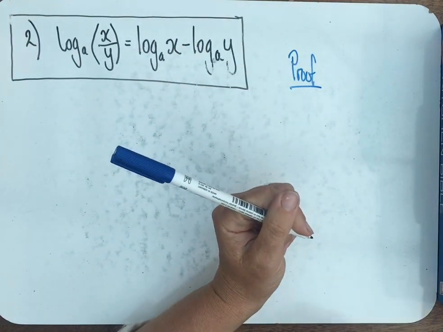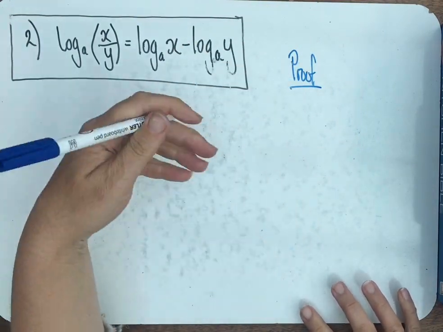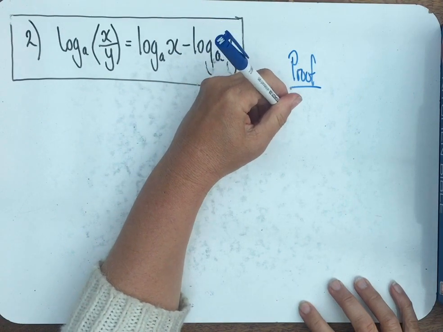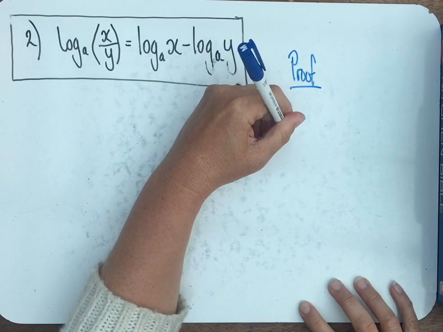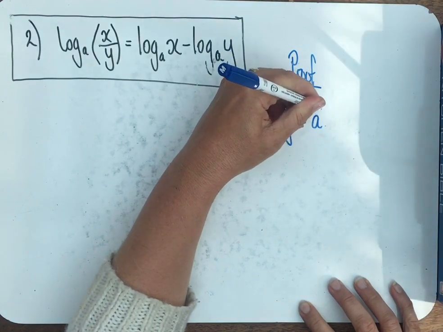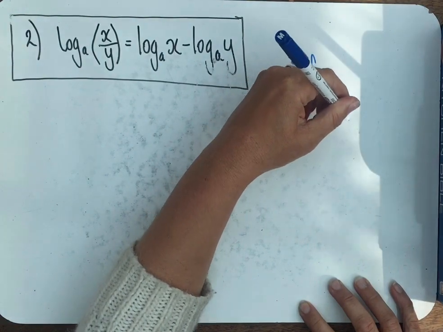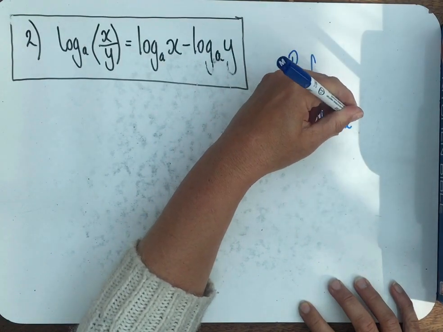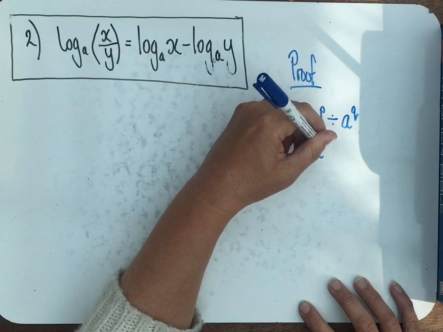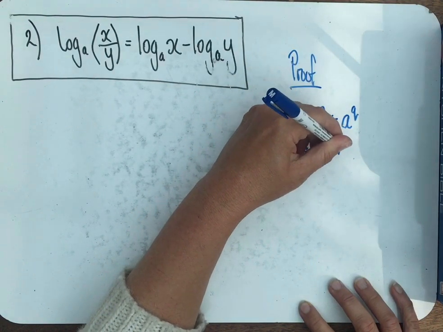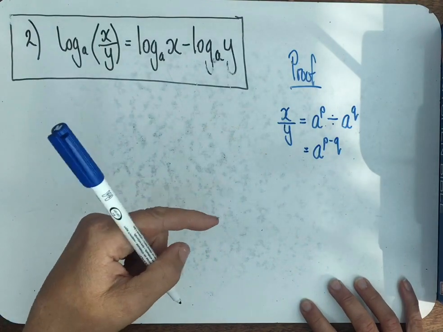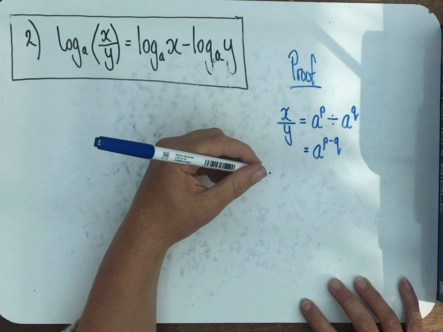So we're going to use the same p's and q's as I did for the first one, but instead we're going to think about x over y, which is equal to a to the power p divided by a to the power q, and as long as the base is the same, when you divide you subtract, and then I can rewrite that one as a logarithm.